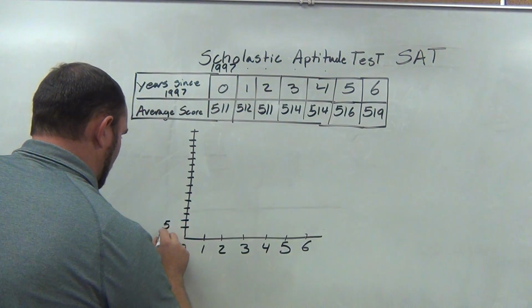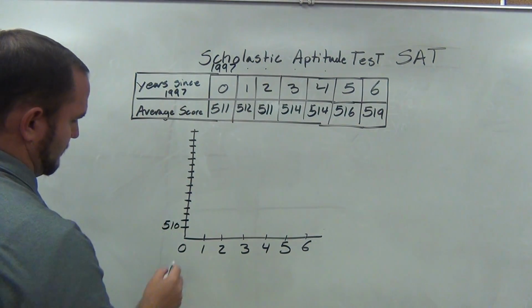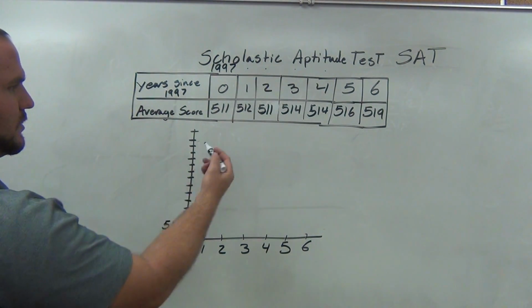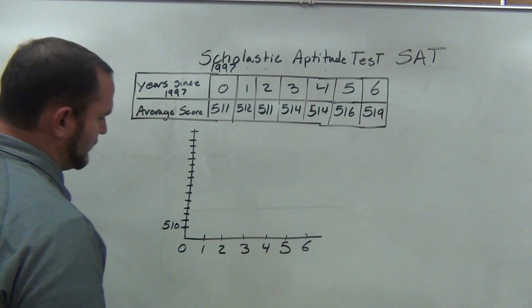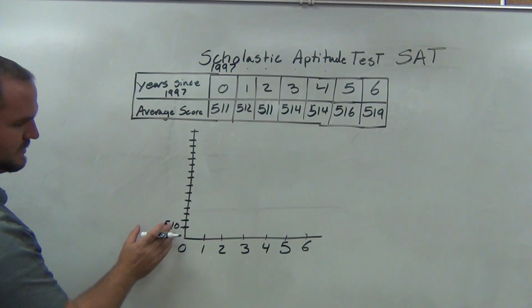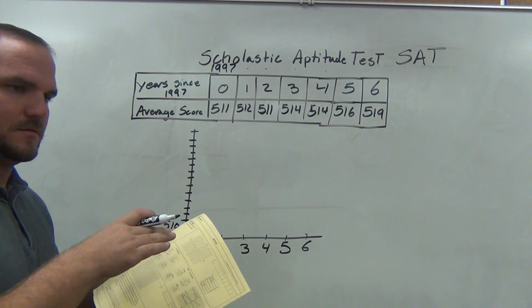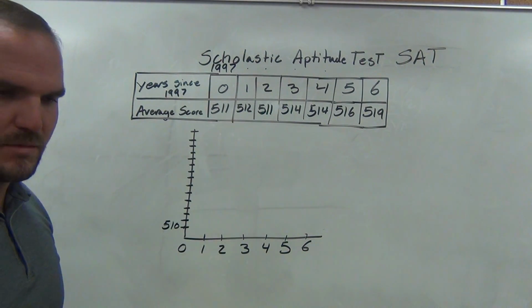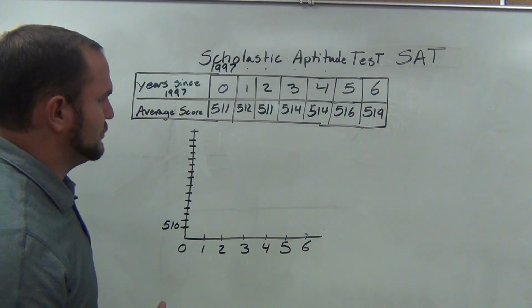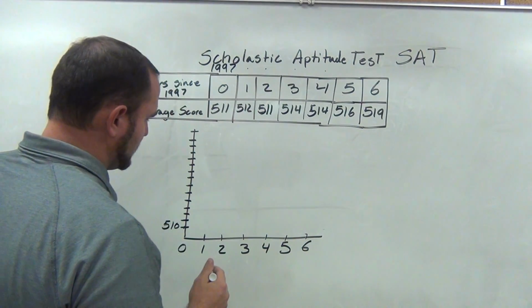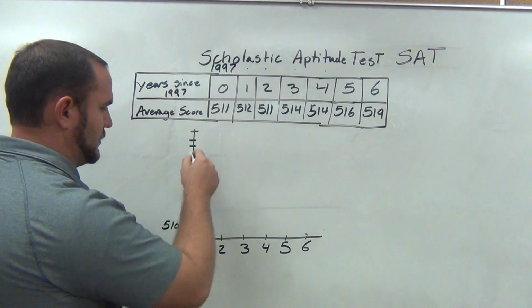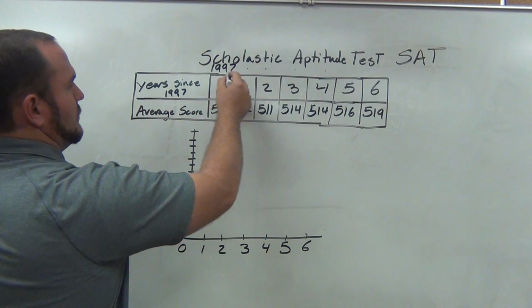So this is 510, right here, and so we'll go up from there. Now, it's okay if you do lots of tick marks here, and you can go up to 20, and then not so many. It just makes the graph look a little bigger or different, depending on what you do. You don't always need the same amount going both directions. So let's work with this.